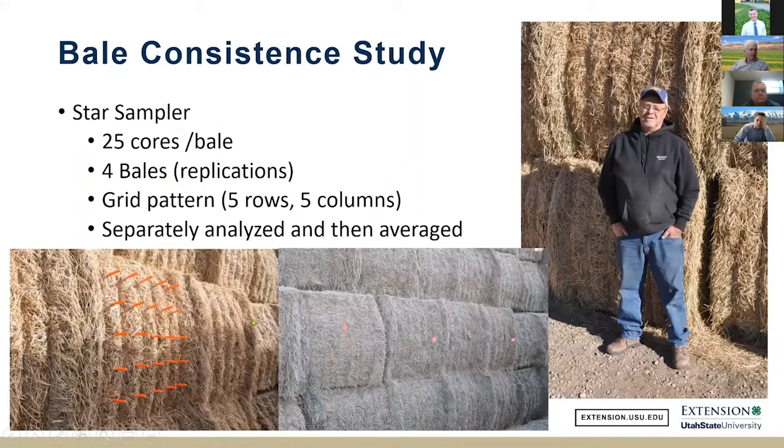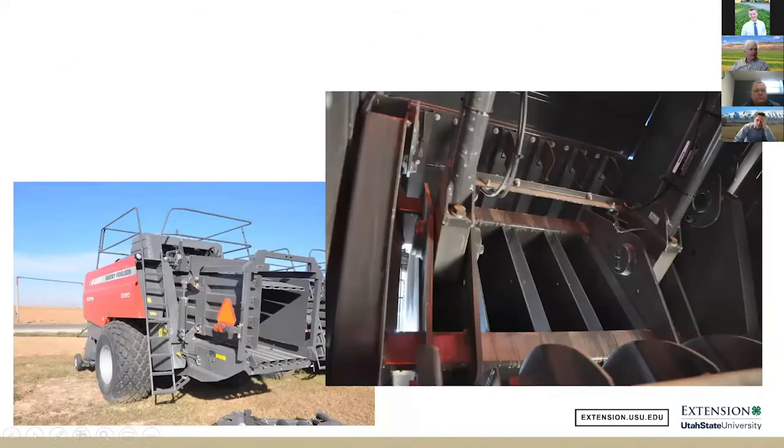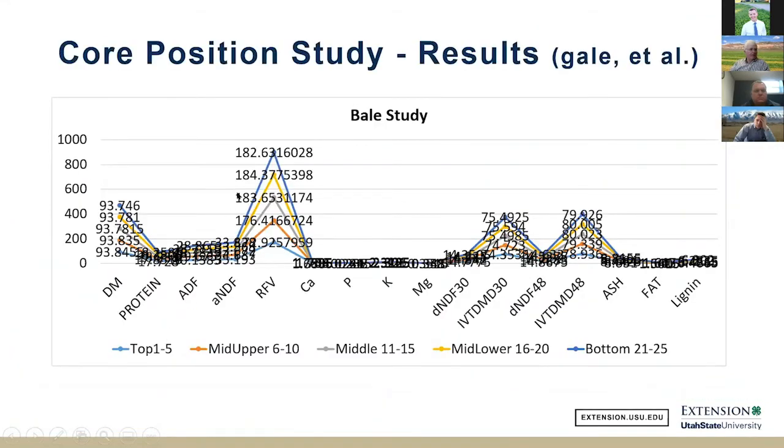This is the result, and as you might expect, the top cores all had a lower relative feed value, I'm sorry, let me relook at this.